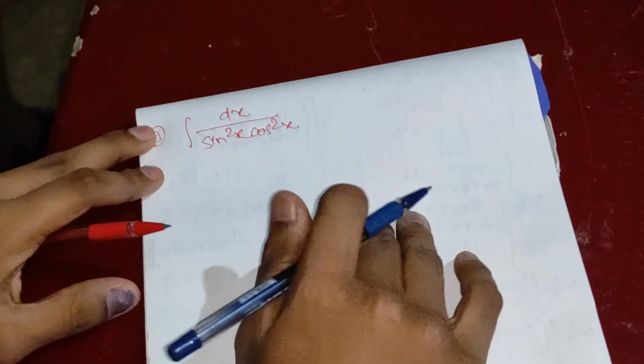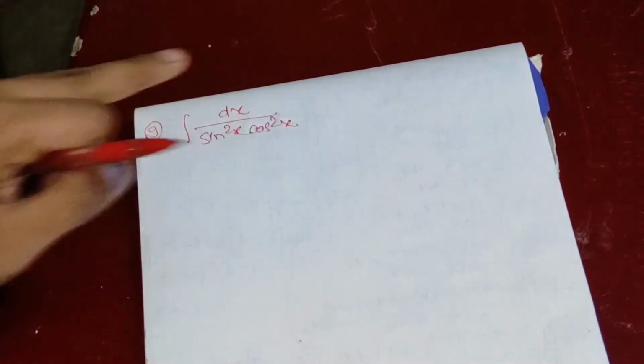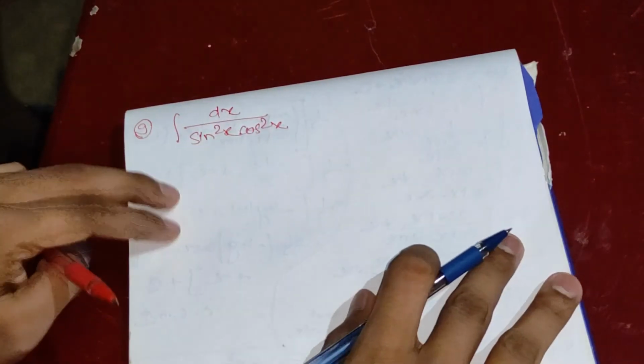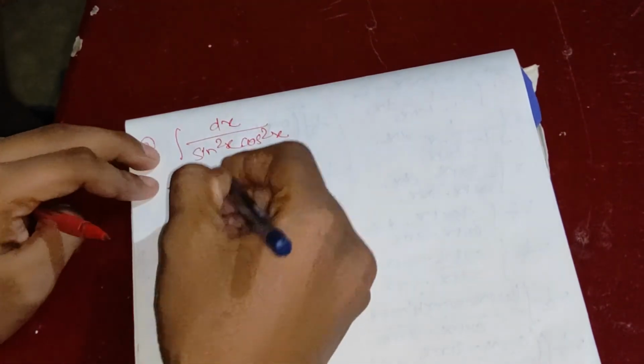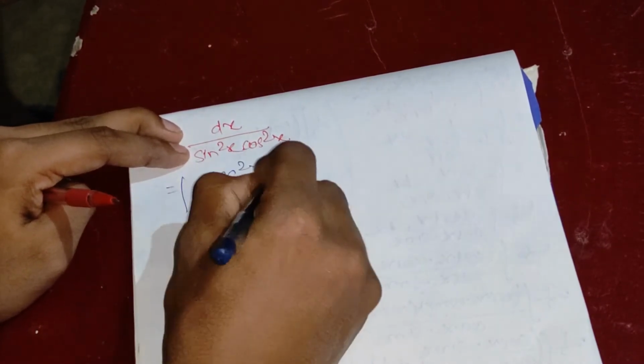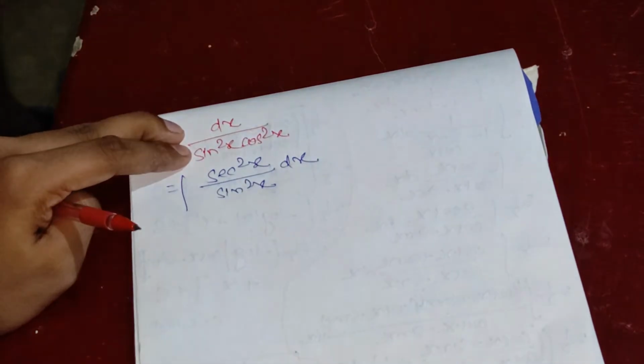So this is the last question of today's lecture. We have to find the integration of dx divided by sin square x into cos square x. Now pause the video and think about how you can solve this. Otherwise, see here. We can write 1 by cos square x as sec square x divided by sin square x, dx.